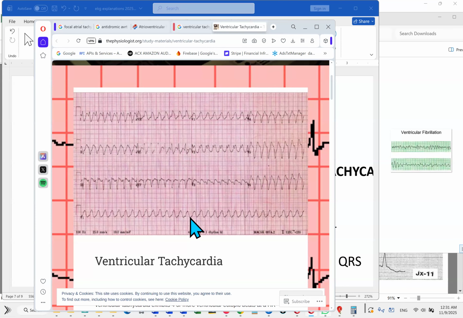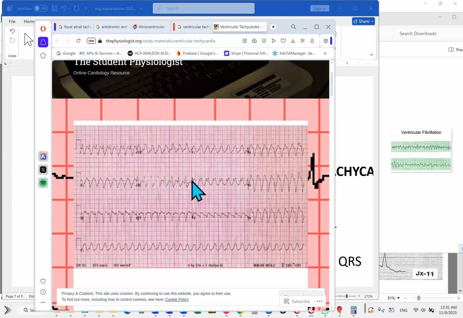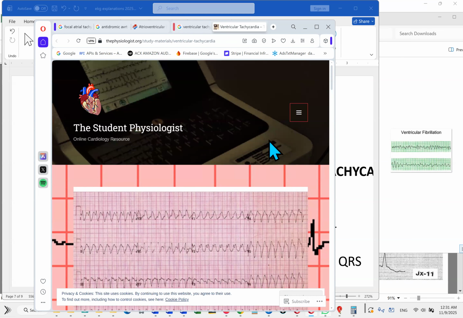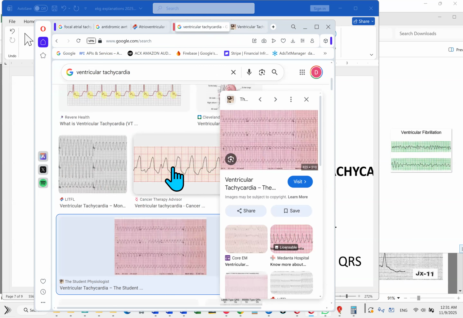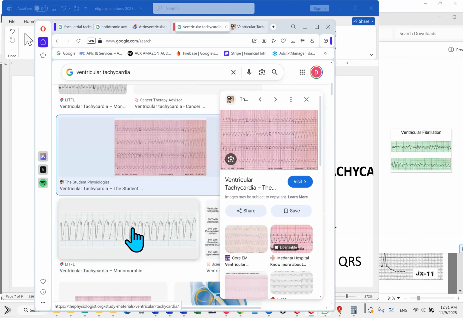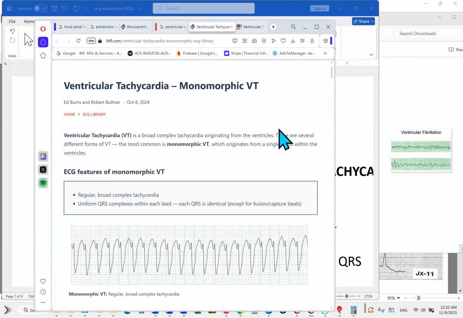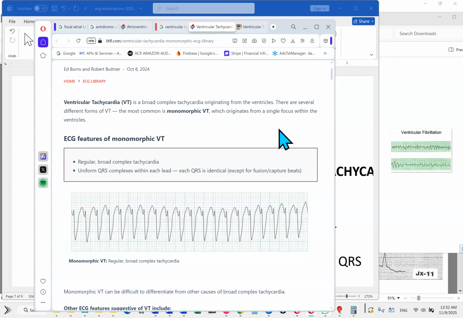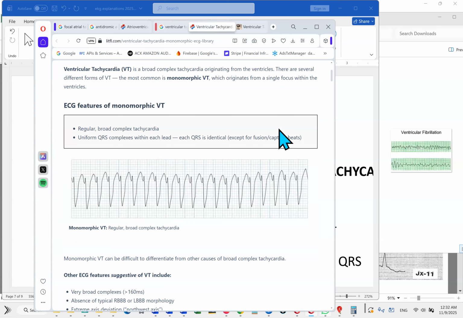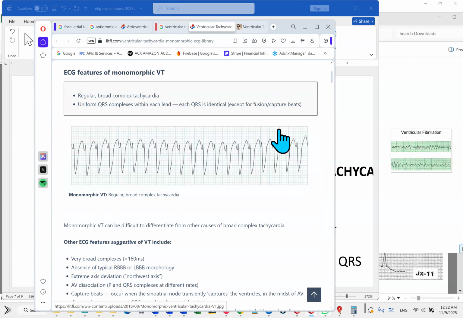It's hard to tell if that's a notch or not, but there's no notch on the downslope anyway. And remember, some of these tracings uploaded on the internet, they may not be sure what exactly it is. So here's a ventricular tachycardia. See, it's really, really hard to tell.